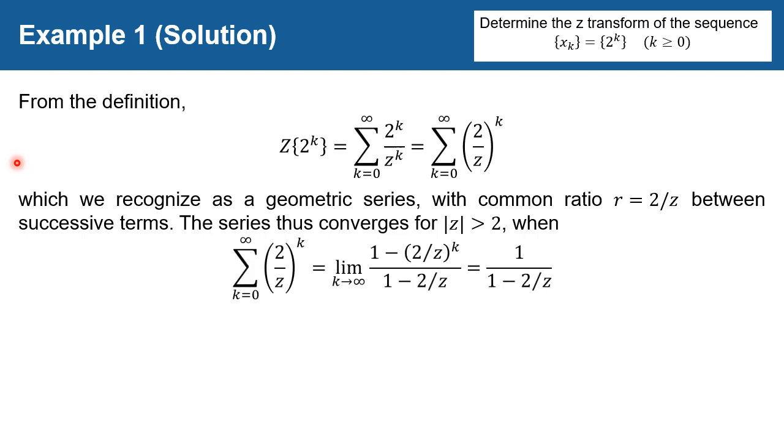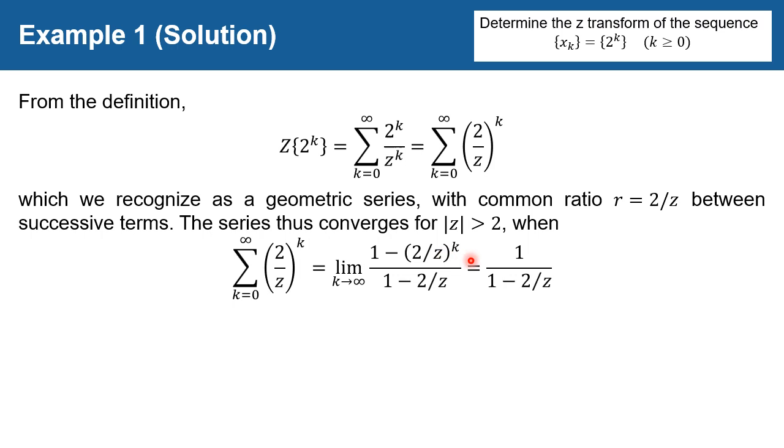The sum from k equals 0 to infinity of (2 over z) raised to k is equal to the limit of 1 minus the quantity (2 over z) raised to k, divided by 1 minus 2 over z, where k approaches infinity. So when k approaches infinity, this (2 over z) raised to k is now equal to 0.